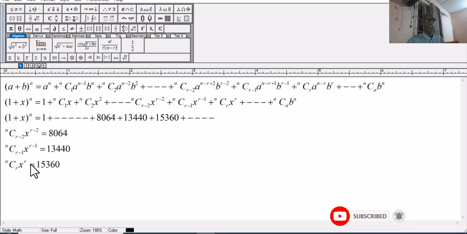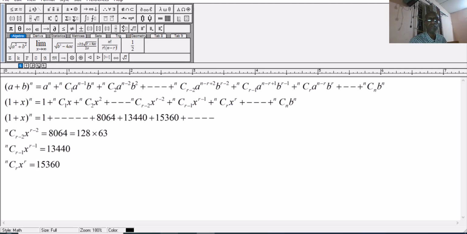So we try and find what this one will give us. I've already done the simplification. It gives us 128 times 63.